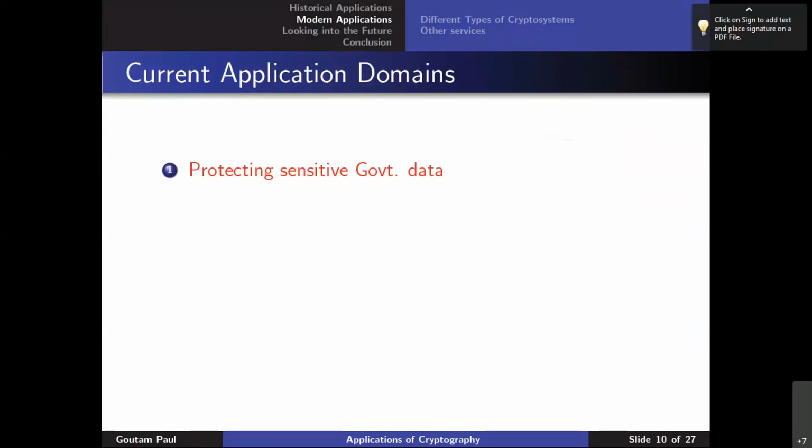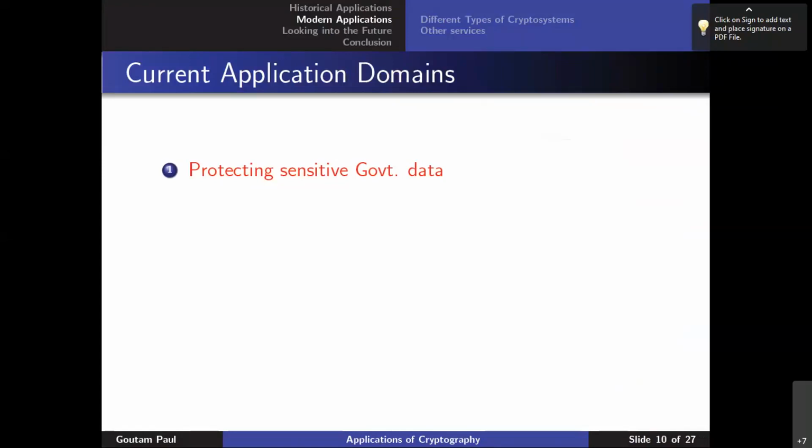Sensitive government data could be a certain predictive model that determines the economy of the country. It can be some secret information about the Reserve Bank of India. It can be information about high-end scientific research that the government is not willing to publish until a result is obtained.